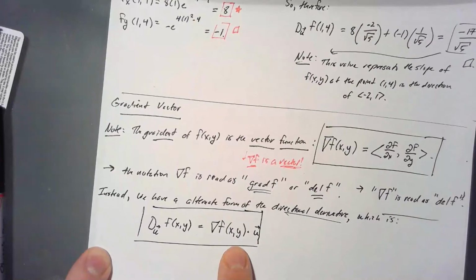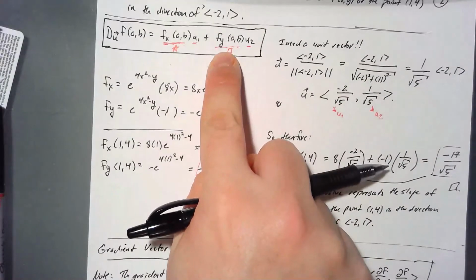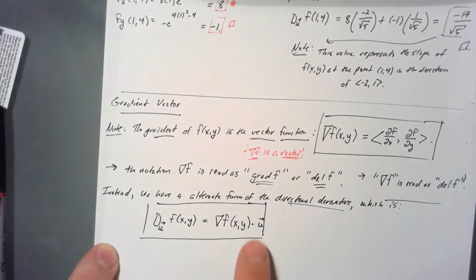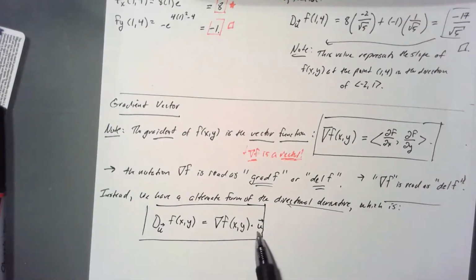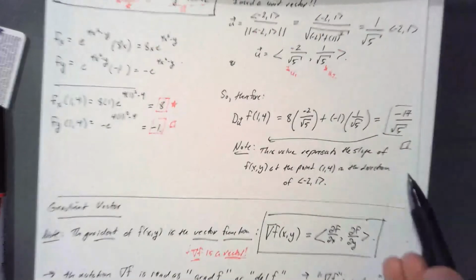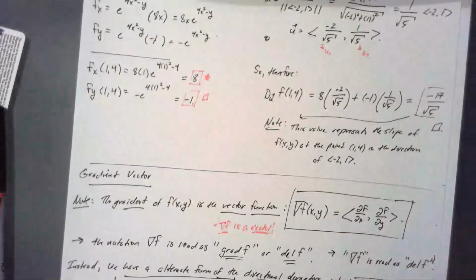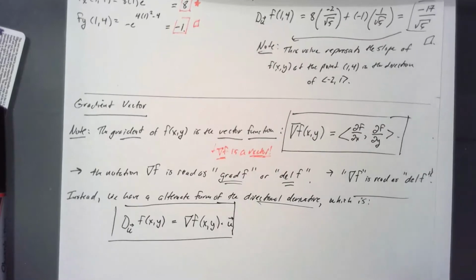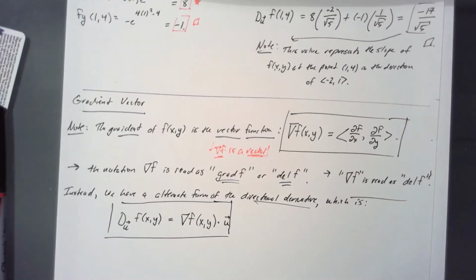This is the same thing as that. But instead of using component notation, now we could just write it as a whole vector. And this is a dot product between two vectors, and the dot product between two vectors is a scalar. One of the first few things we talked about in this course. So now you know what the gradient looks like, and the alternate form of the directional derivative. It's pretty useful.